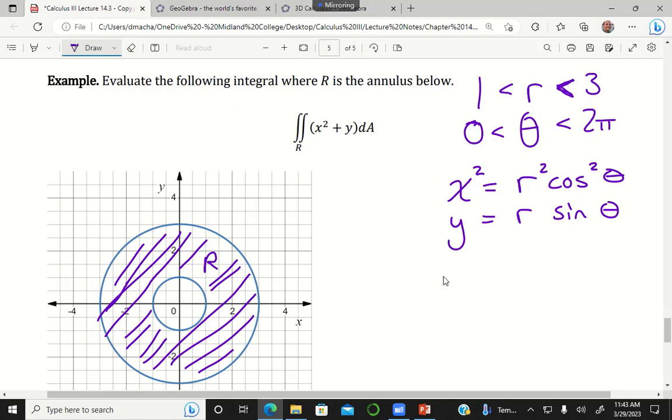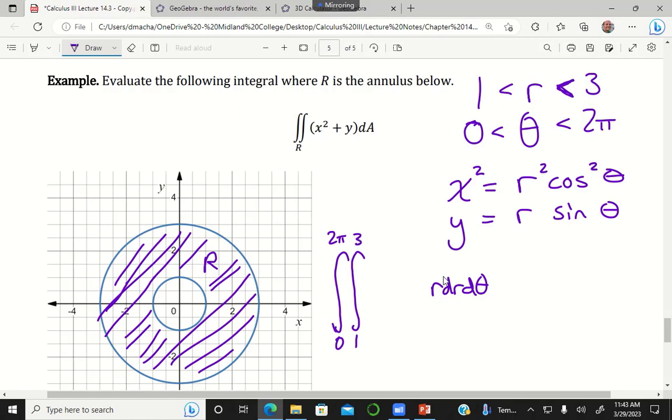So if I want to set up my double integral, I've got r dr d theta at the end. Don't forget your extra r. Theta can be anywhere between 0 and 2 pi. r is allowed to be anything between 1 and 3.